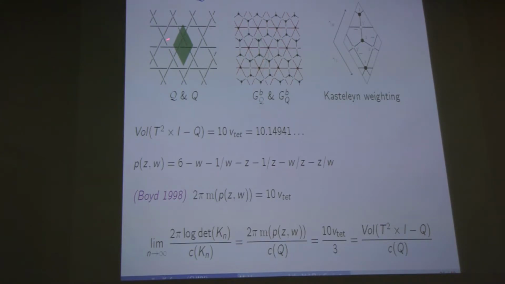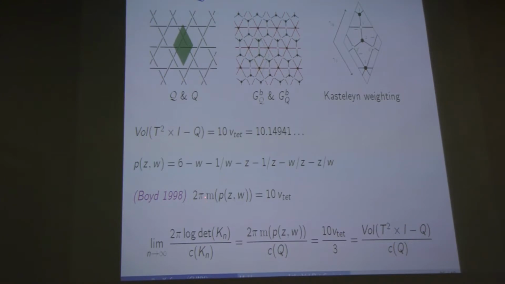Now the volume, because there's only one hexagon in that fundamental domain, is 10V tet, 10 times the volume of the regular ideal tetrahedron. And then from this Castellan weighting, we get a Castellan matrix, and this is the polynomial. So this is the characteristic polynomial of the toroidal dimer model for this graph.